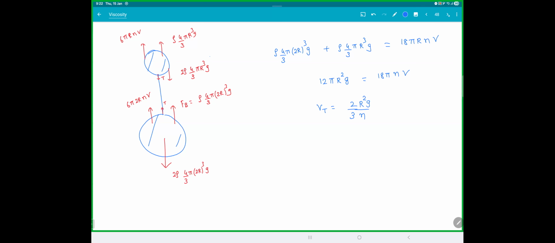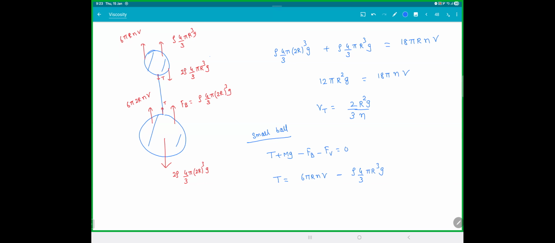Okay, how do you find tension? Take any one ball. I'll take the small ball. Tension plus mg minus buoyant force minus viscous force must be 0. So tension must be 6 pi r eta v plus the buoyant force minus mg, which is rho into 4 by 3 pi r cube g.